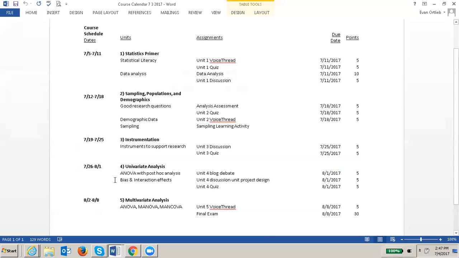The last 2 units look at univariate and multivariate analysis and figuring out the nuances between ANOVAs, MANOVAs, MANCOVAs, and regressions, and so on and so forth, and how those techniques are crucial to being able to uncover what really are the factors and the relationships between factors within potential studies that you design. So if you're really looking, for instance, to increase readers' motivation rates, right?